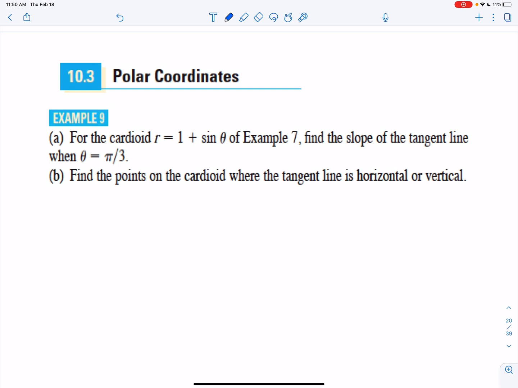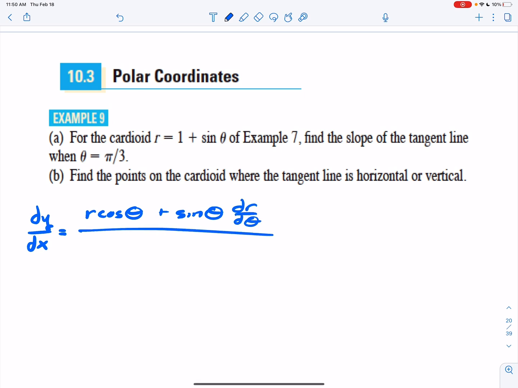Here we go. We know that dy dx is just r cosine theta plus sine theta dr d theta, all over negative r sine theta plus cosine theta dr d theta.